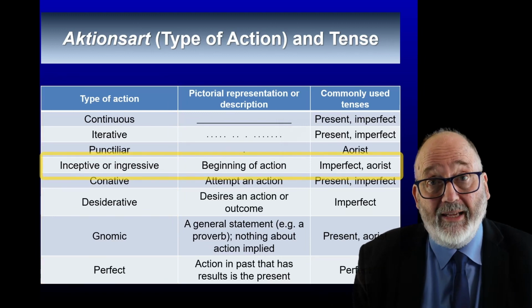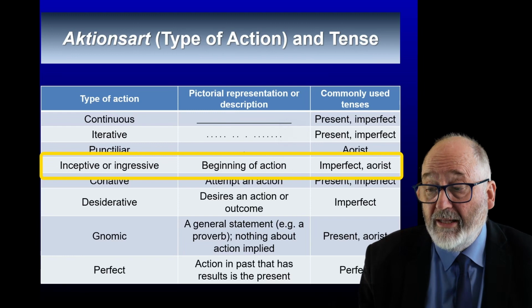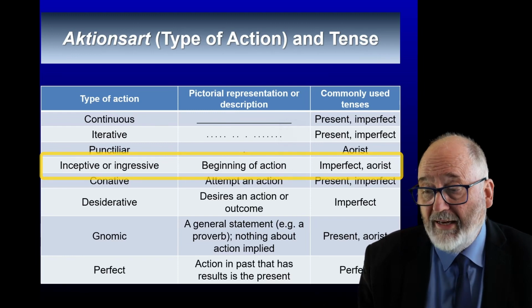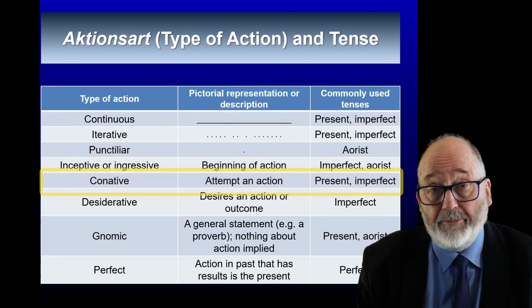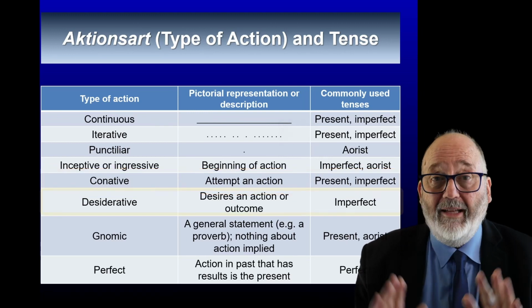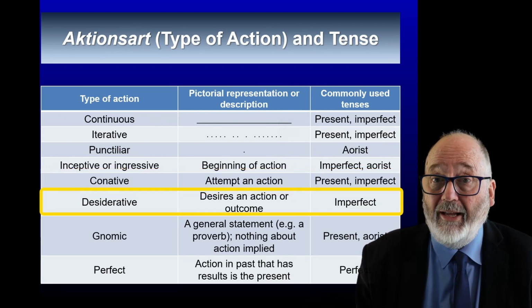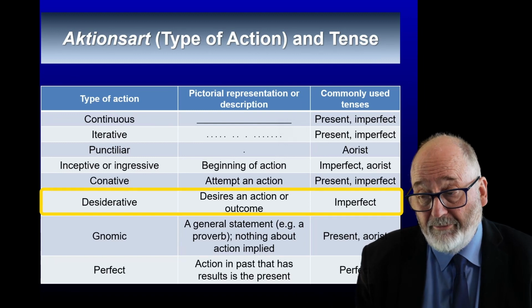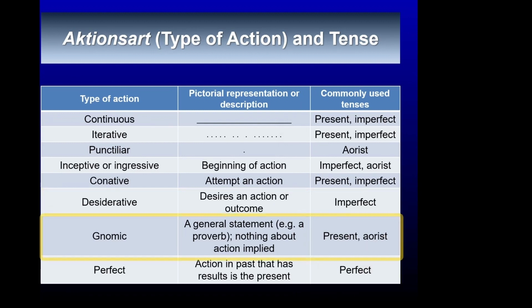And you can see there that an ingressive Aktionsart would be expressed with either the imperfect or an aorist tense, a conative by a present or an imperfect. An expression that desires an action or an outcome would be expressed with an imperfect tense. Gnomics are found in both present and aorist tenses, and the perfect tense represents perfect Aktionsart.